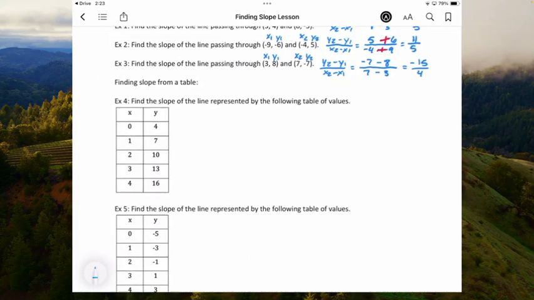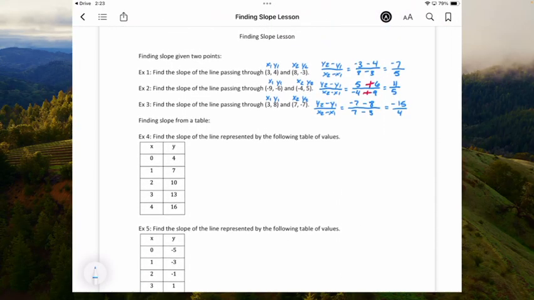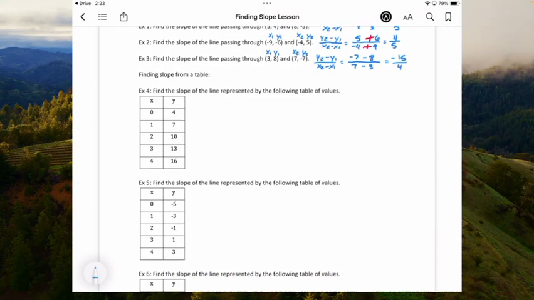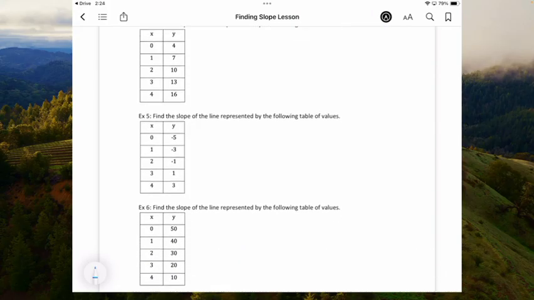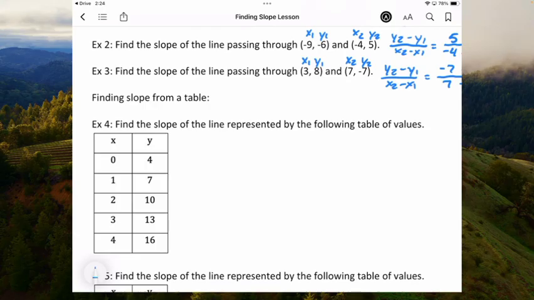Moving on, we have these three tables. We're going to find the slope, the initial value, and we're going to write an equation for all three of these tables. So slope, we can choose any 2 points. Let's choose this one, x1, y1, and this one, x2, y2. y2 minus y1 over x2 minus x1.